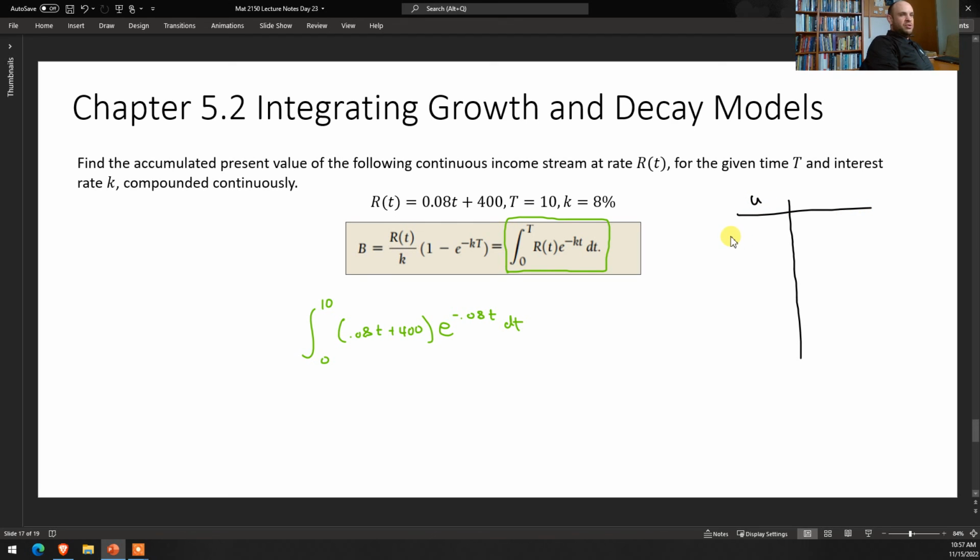We'll take u as 0.08 t plus 400 and dv as e raised to the negative 0.08 t. Then du is 0.08, and differentiating one more time gives us 0. Now integrating, we get 1 over 0.08.